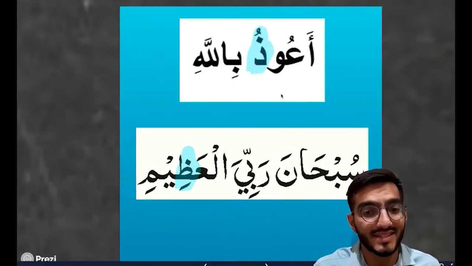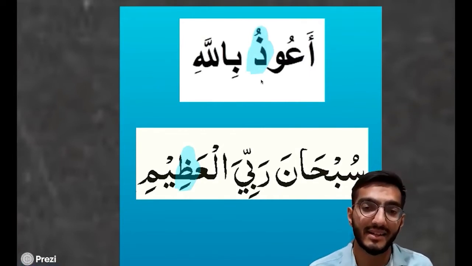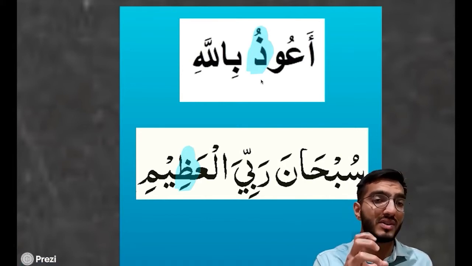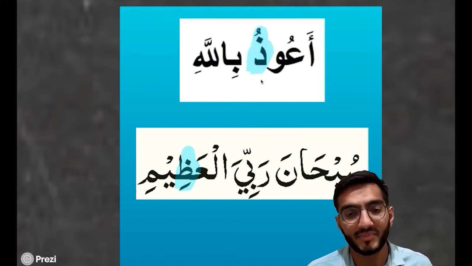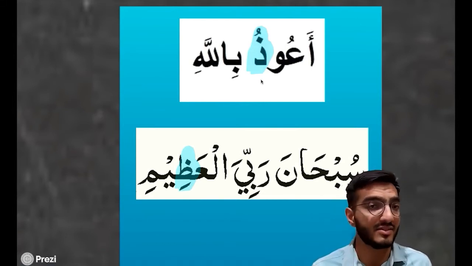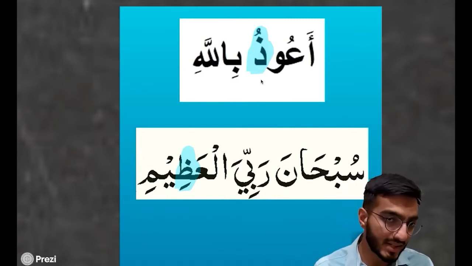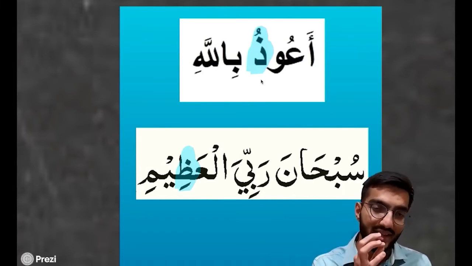As you can see, this is the Dhal with an empty mouth. A'udhu billah. It's not a'udhu, it's not Dha with the full mouth, and it's not Za either. A lot of times we hear people make this mistake. Remember, you have to stick your tongue between your teeth.